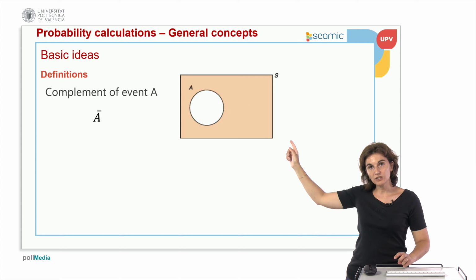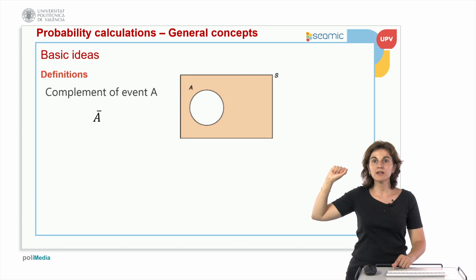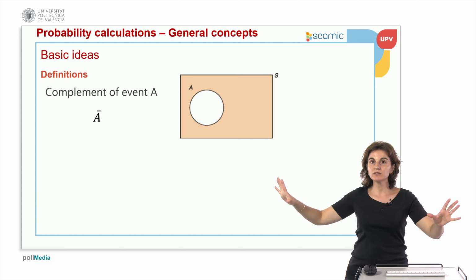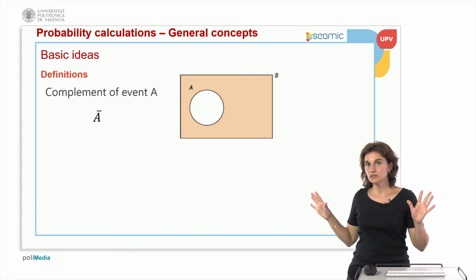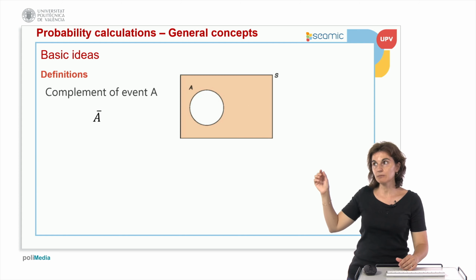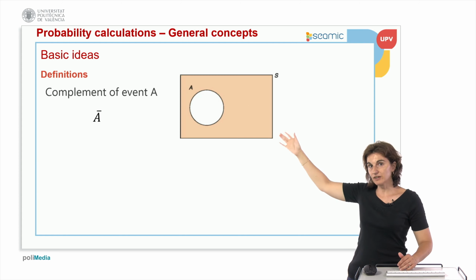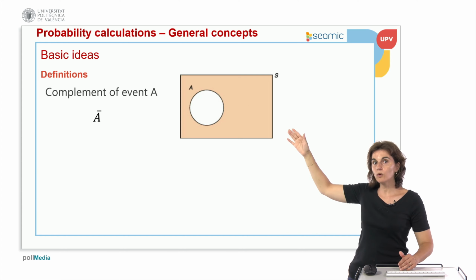We are referring to event A, and then we use no A to refer to the complement of A. The complement of A includes everything different from A. So it's the difference between the sample space, which is the rectangle in the slide, and the area defined by the event. So no A is usually represented as A bar.